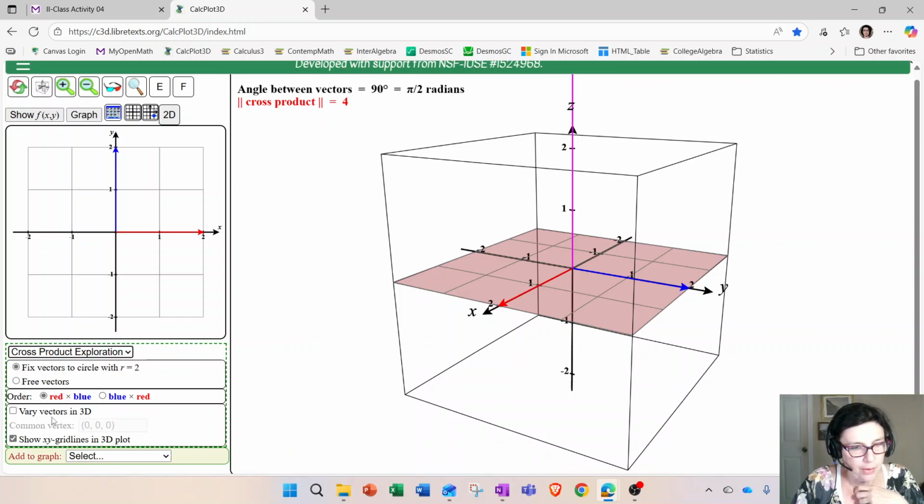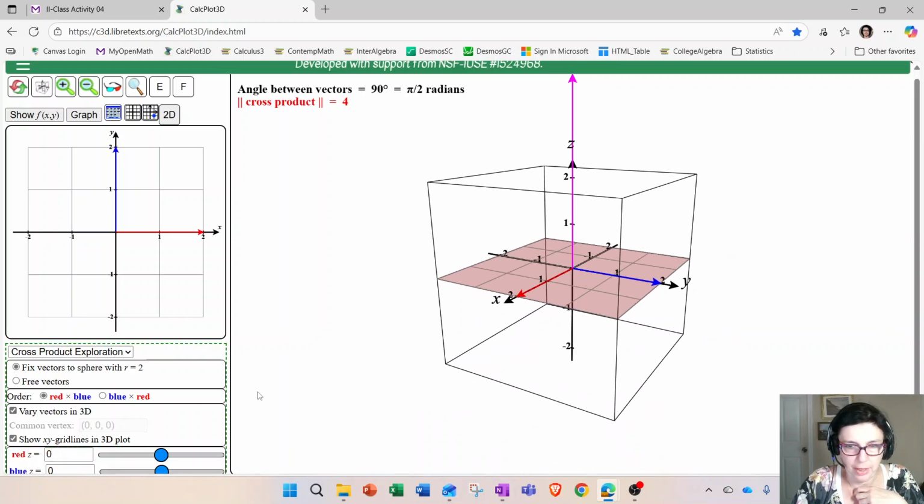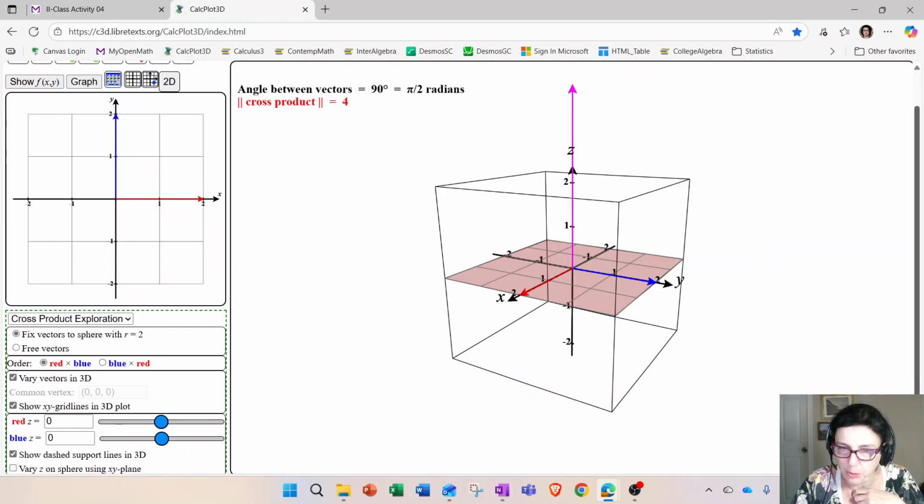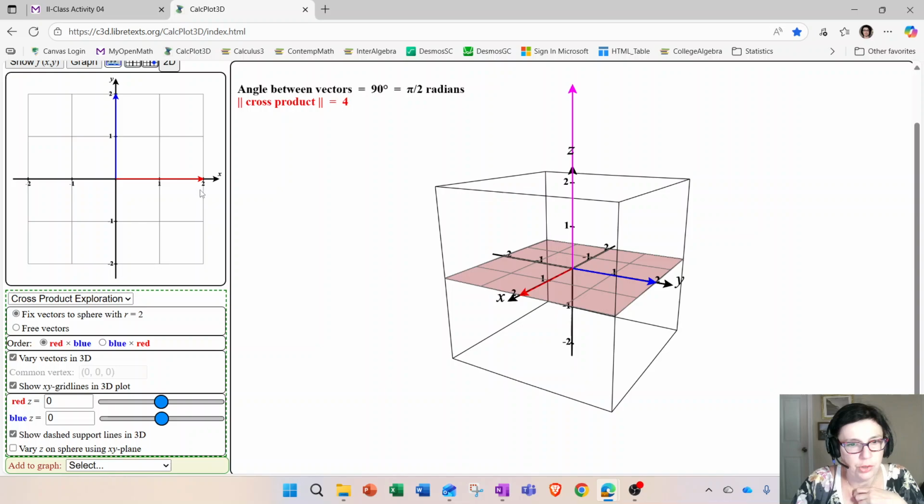In this case, we can actually vary the vectors in 3D, and we can manipulate them to see what happens. If I move the red vector around, and the blue vector, as you can see, the cross product is still perpendicular to each one. It could actually be on the bottom depending on the right-hand rule.